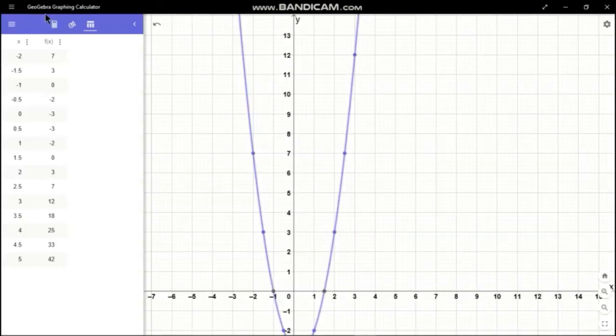Press OK. Okay, then we get our table of values. So we get the value for m and n there. Okay, done for 1a.